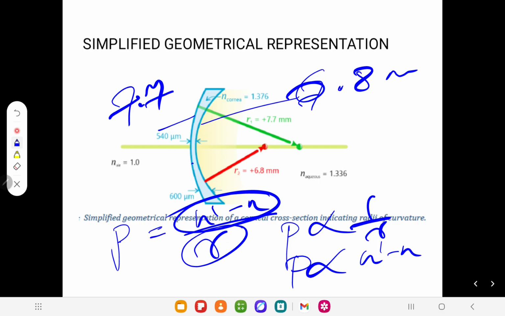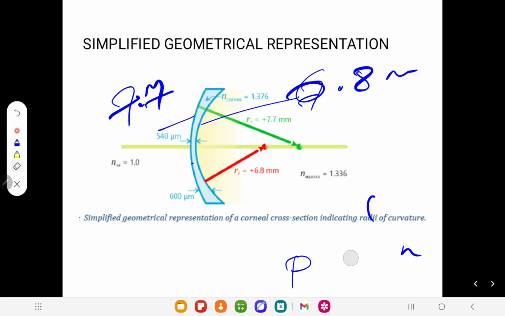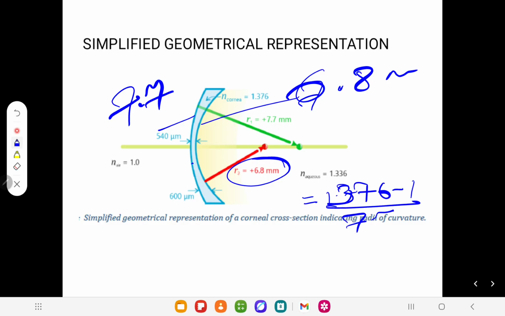So see, I want to tell you one thing. Though the back surface has a smaller radius of curvature, 6.8, the back surface has less power. For example, the front surface has (1.376 minus 1) divided by 7.7 divided by 1000, isn't it?